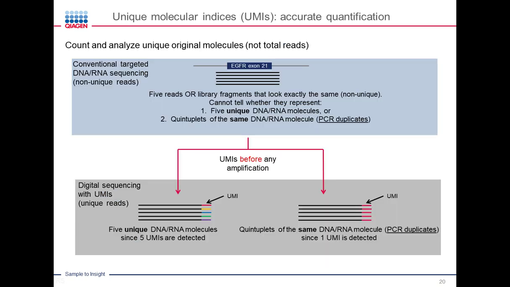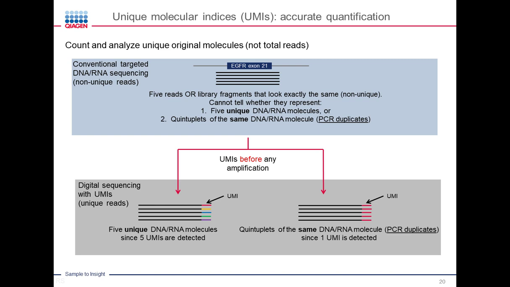And to give you a sense of what unique molecular indices are all about and how they are beneficial for data analysis, I'm going to show you 2 examples: how we could use unique molecular indices for accurate quantification, and then on the next slide, for accurate variant calling. Consider the example in the box on the top part of the slide, where you are trying to quantify transcripts mapping back to exon 21 of EGFR as a surrogate for EGFR expression.